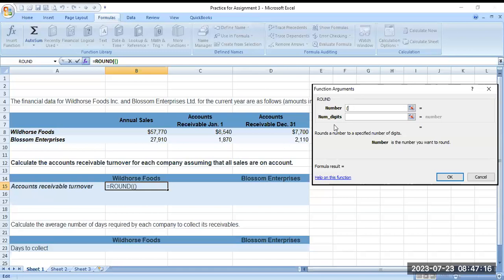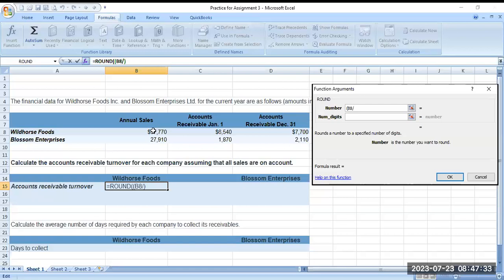First, how much is our annual sales? Since the question says that all the sales are on account, that will be our credit sales. We have our numerator. Let's get our denominator.